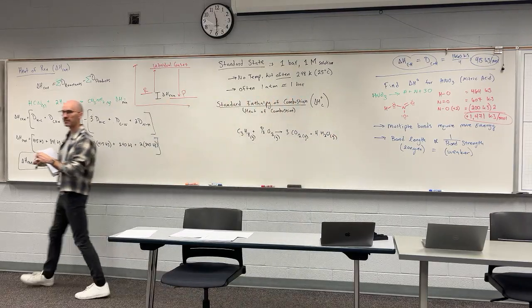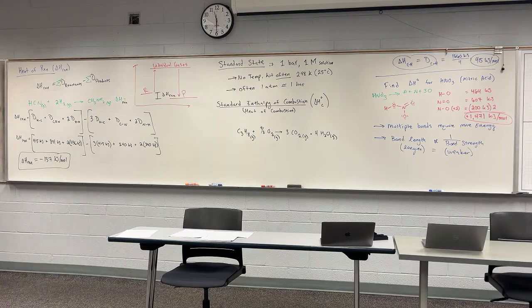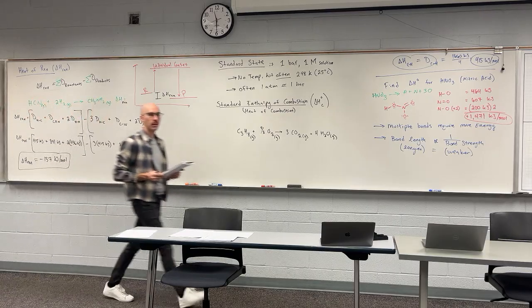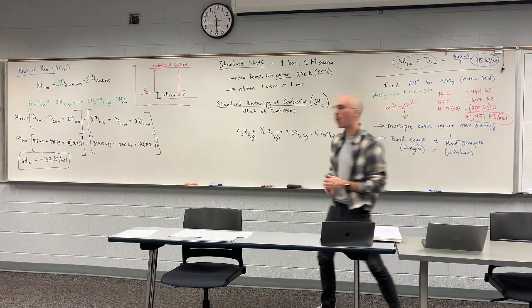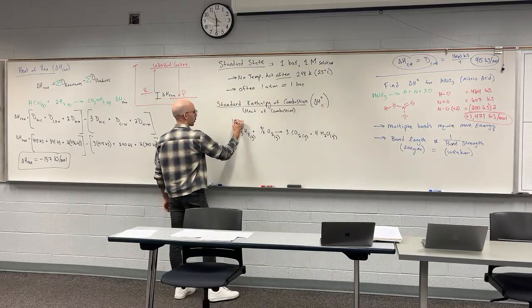But you'll notice something about the way this equation is written. It ignores our rules about fractions. We've got 9 halves of a molecule of O2, or 9 halves of a mole of O2. That is so that we look at 1 mole of a substance burned.